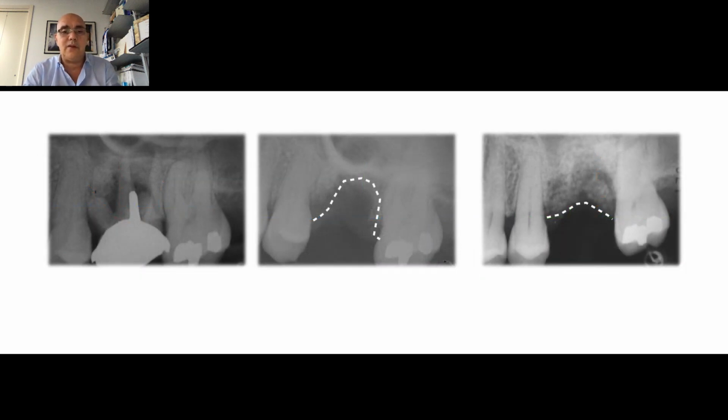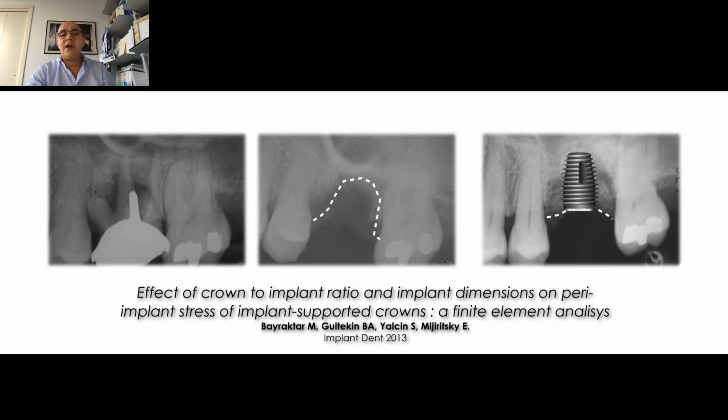So this is the story of the case: before extraction, with extraction, with the graft in place. And now we're trying to find the proper size of implant to support this crown.